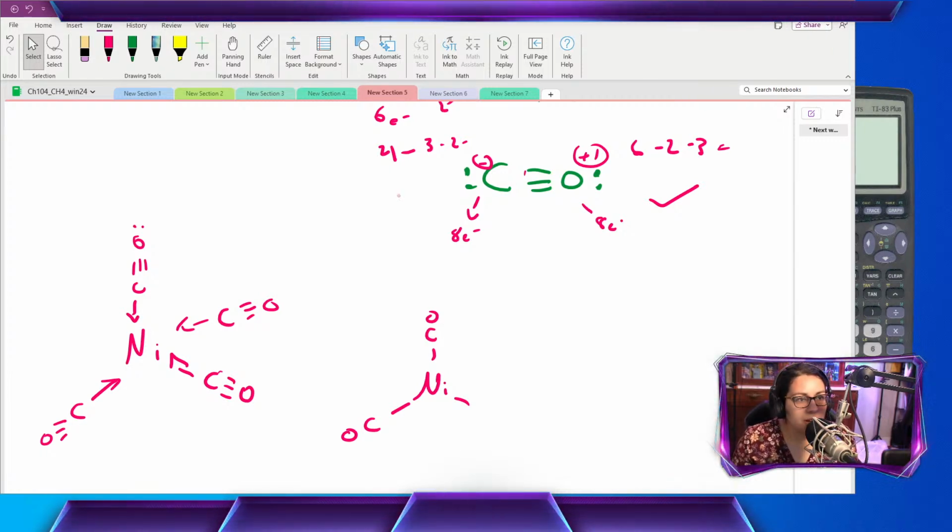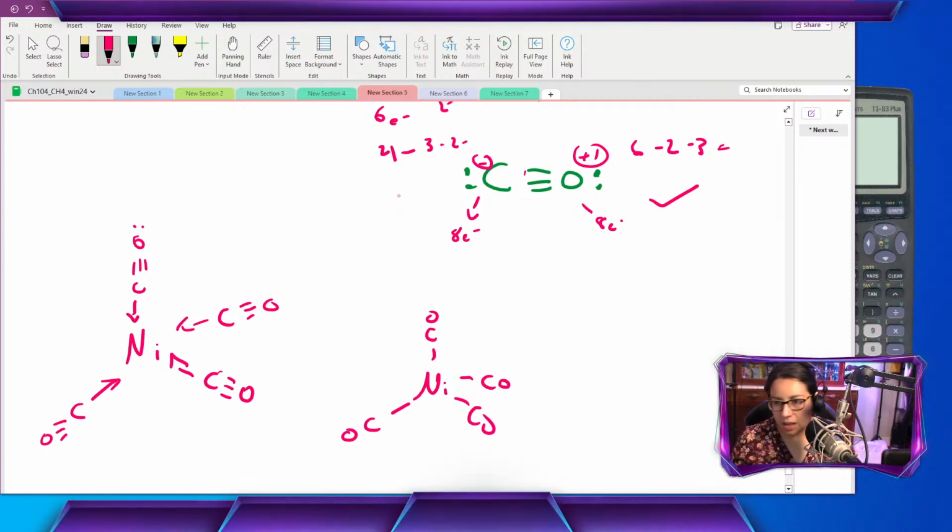So nickel tetracarbonyl, this is actually a fairly toxic compound. And so in reality, you would not want to work with this nickel tetracarbonyl. So it is toxic. And what's kind of cool and toxic about this is it's a colorless liquid that produces a vapor, and that vapor is really, really dense.